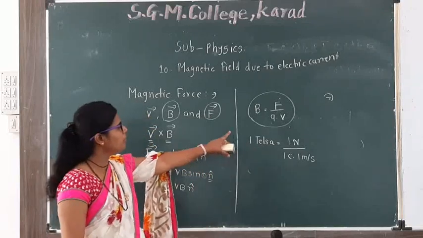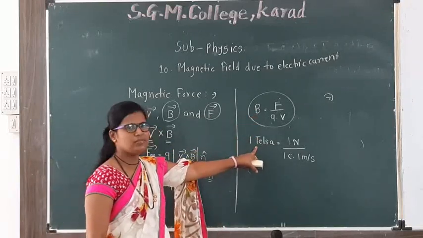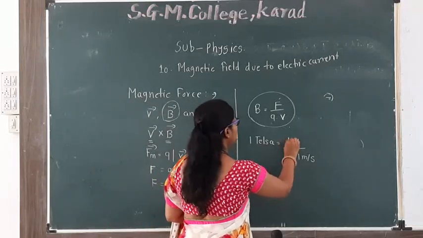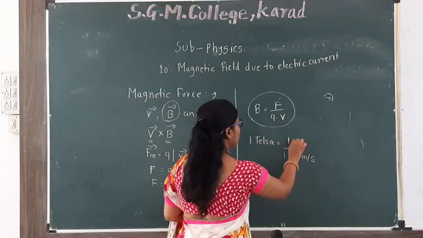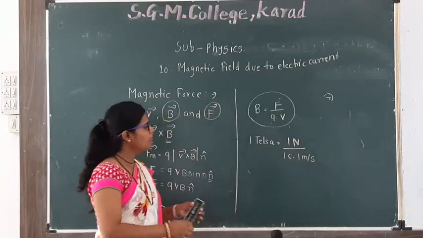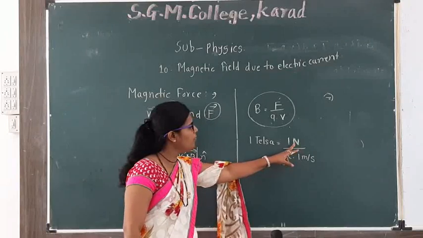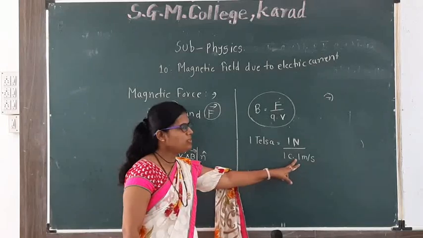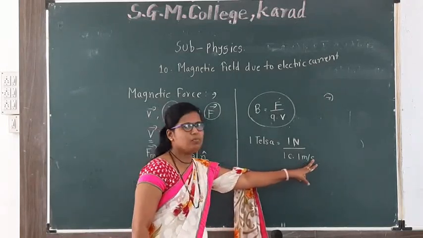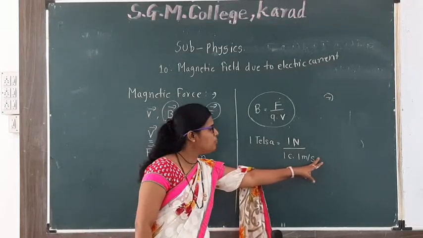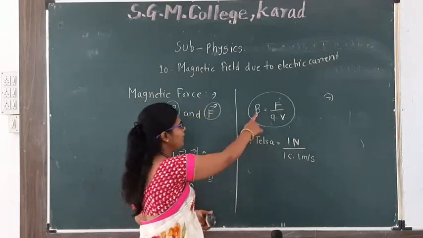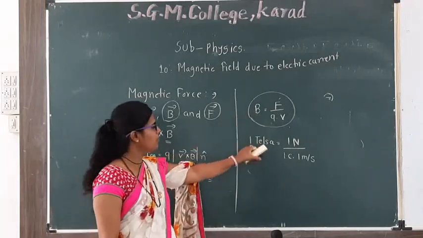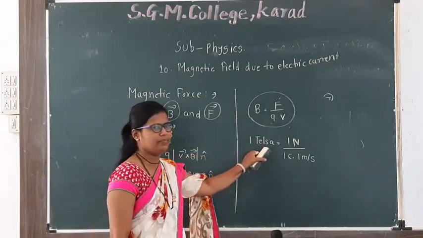Now how do we define the magnetic field in SI units? If a force of 1 newton acts on a charge of 1 coulomb moving with velocity 1 meter per second perpendicular to the magnetic field, then we define the unit of B as 1 Tesla.